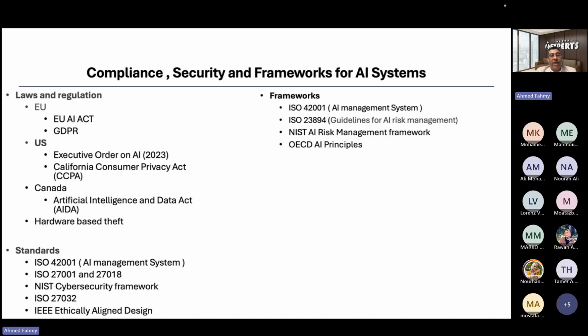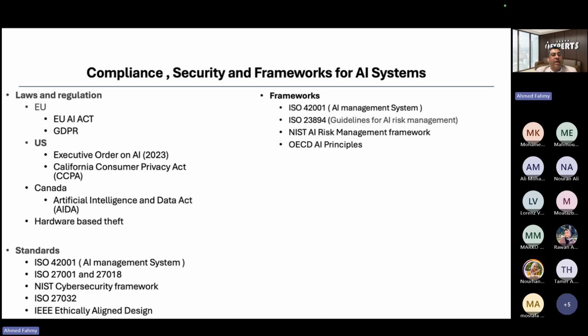In the US, there is an executive order on AI, issued in 2023. There is a California Act regulating the use of AI solutions within California state. And there are some newly released standards. You may have heard about ISO 42001, released in 2023.